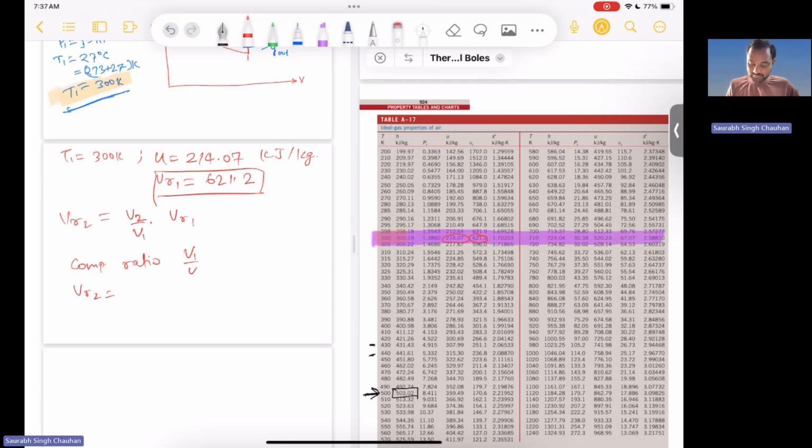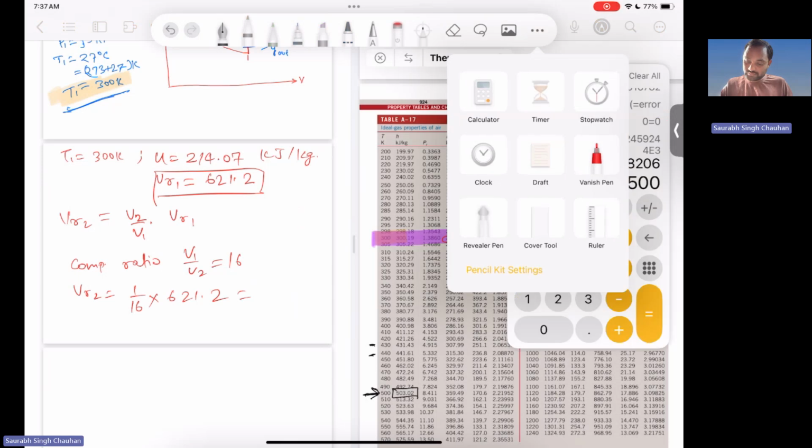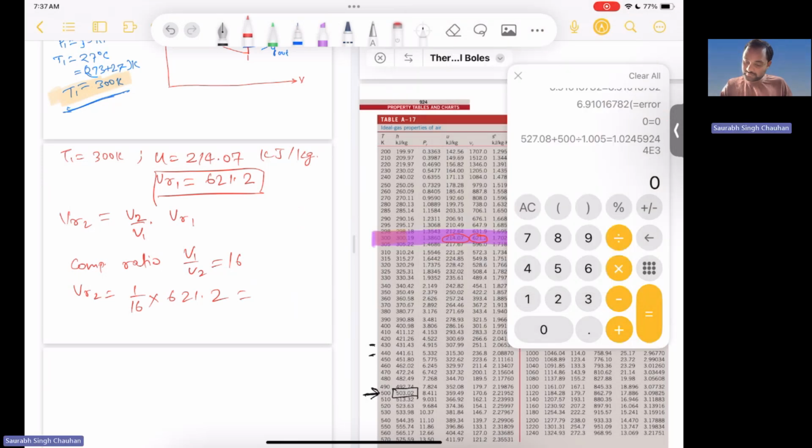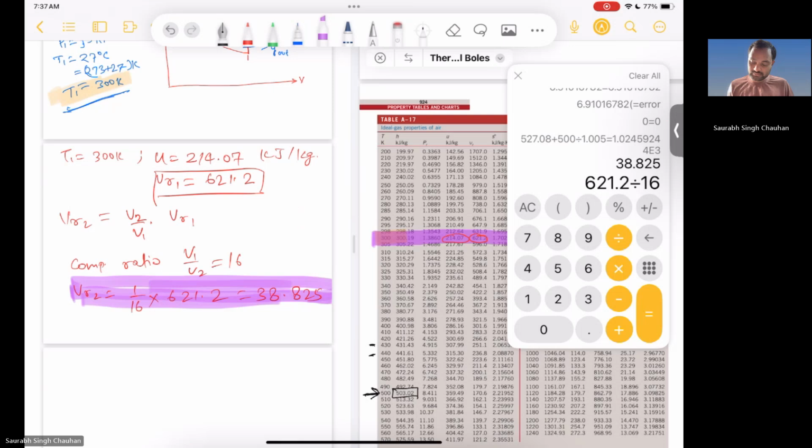This is V1 by V2. So VR2 is equal to 1 by 16 into VR1, 621.2. So 621.2 divided by 16 is 38.825. So this is VR2.